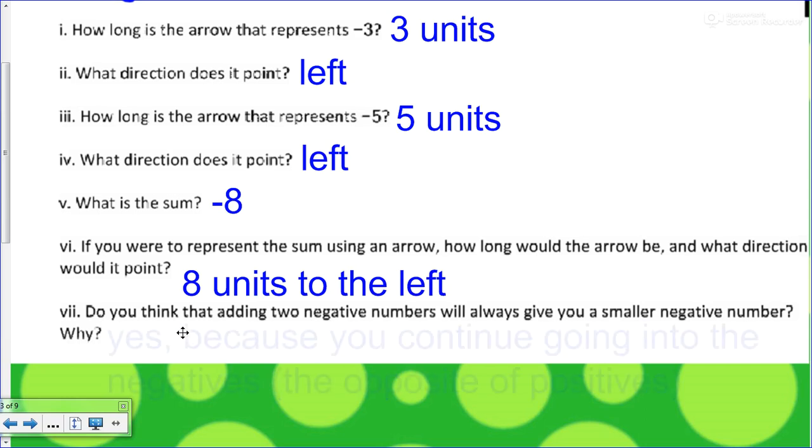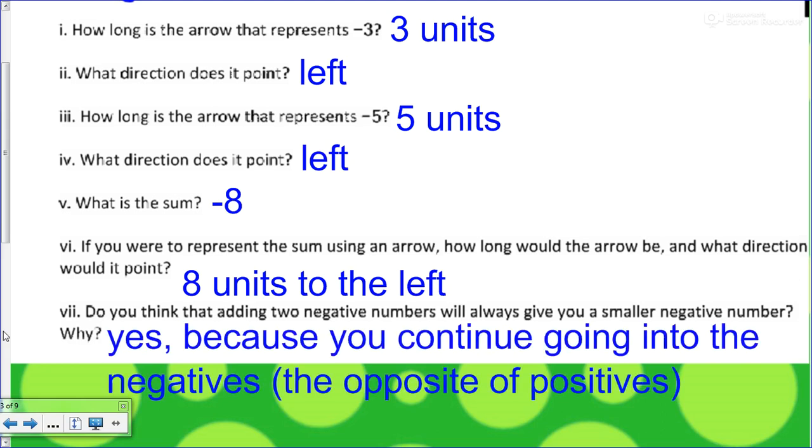Okay, and that answer is yes, because you continue going to the negatives. If you move to the left, and you move to the left again, you just keep on going left. Okay, so a negative and a negative is a smaller negative. It's the opposite of positives, and that's what we talked about in lesson 1. Negatives and positives are opposites. Okay.